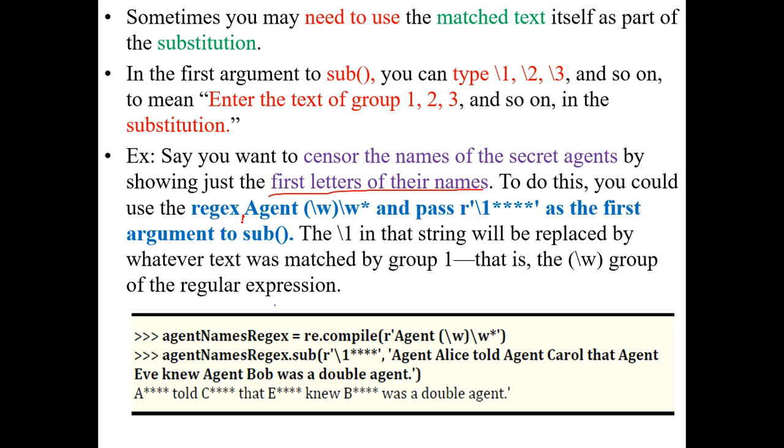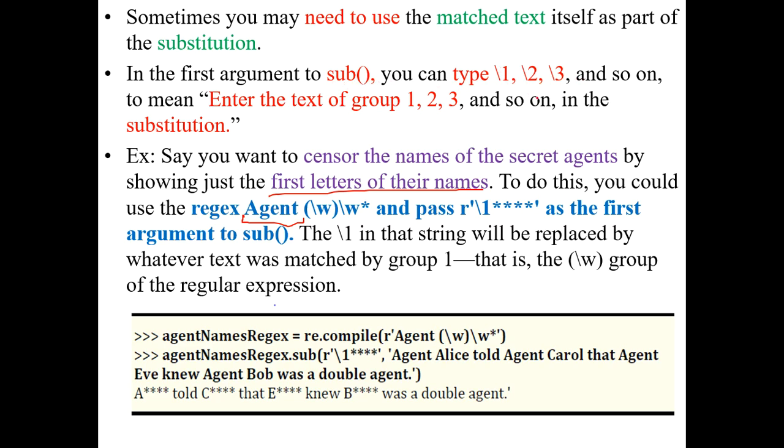In that pattern, first it includes the word agent followed by this. After that, it will be replaced by what we have mentioned here. For the sub method, we have passed the first argument, this \1, 2, 3 and so on.